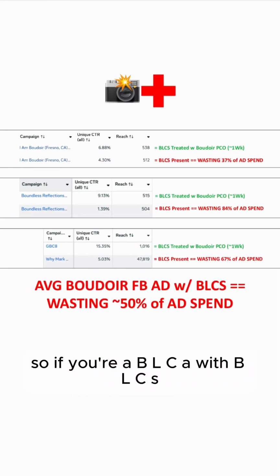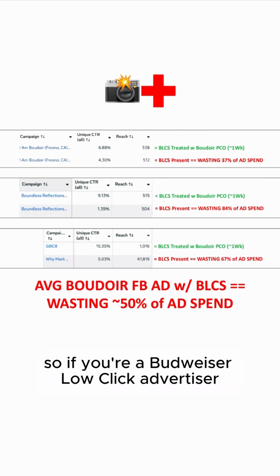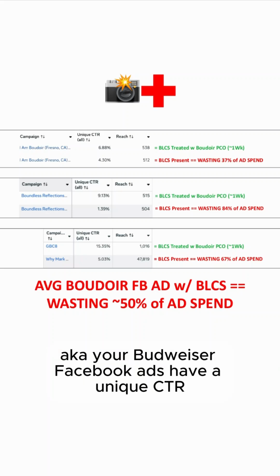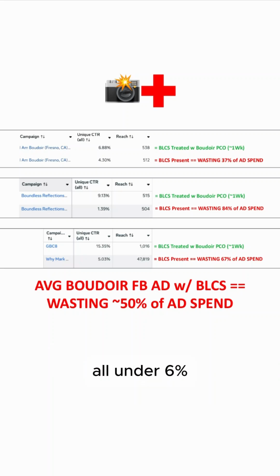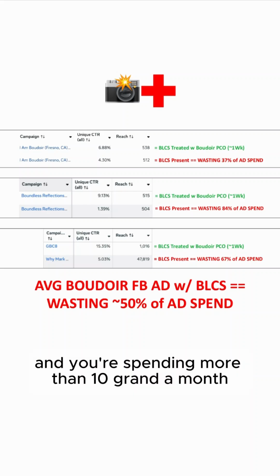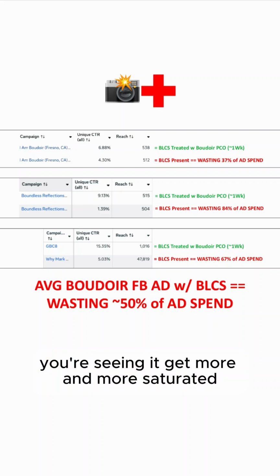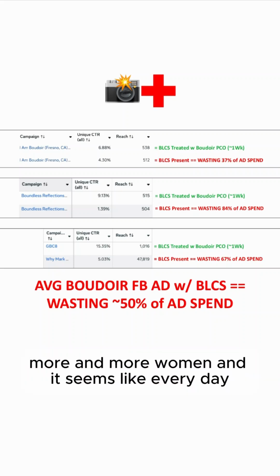So if you're a BLCA with BLCS, so if you're a boudoir low-click advertiser with boudoir low-click syndrome, aka your boudoir Facebook ads have a unique CTRL under 6%, and you're spending more than 10 grand a month in boudoir Facebook ads, and you're looking at the marketplace, you're seeing it get more and more saturated in your city, more and more women.